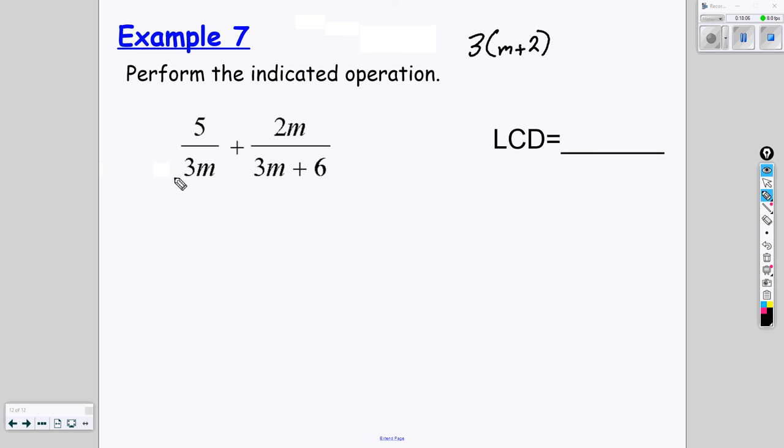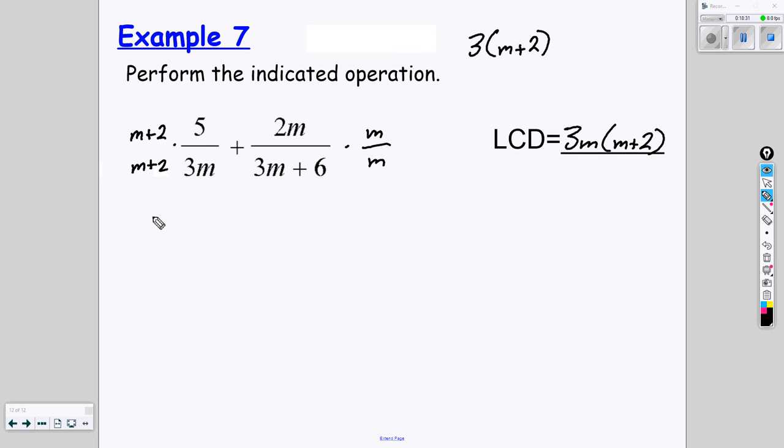All right, so what this left denominator is missing is an m plus 2. All right, and then what the right denominator is missing, although maybe it's not apparent, is that factor of m. So the LCD is really 3m times m plus 2.